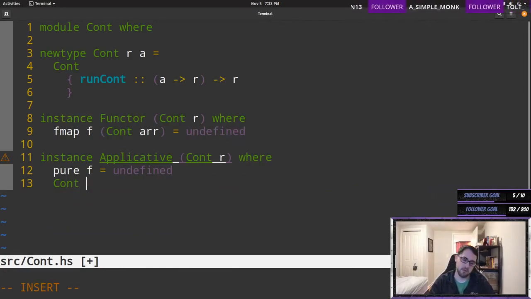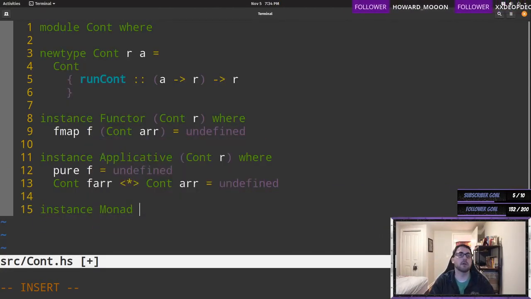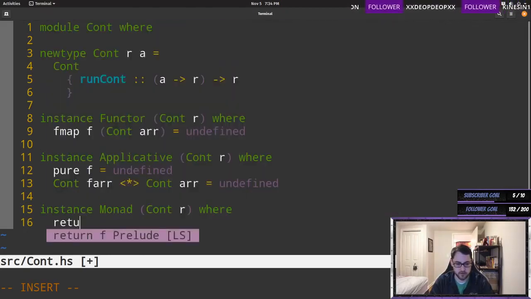So this is gonna be Cont R. There's something that sort of stuck out to me, I think it was last stream or after last stream, to help me through figuring this out.